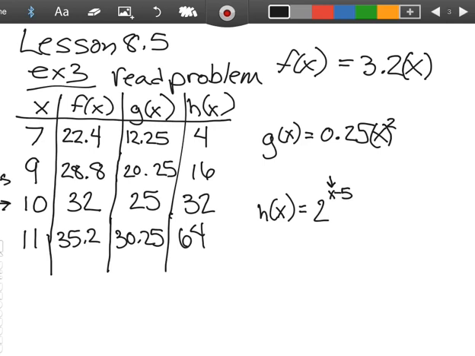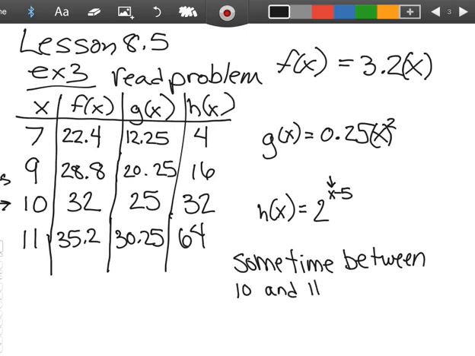We're going to say that it's sometime between 10 and 11 years is when it will happen. And thereafter, it will never have less of a population than the others.